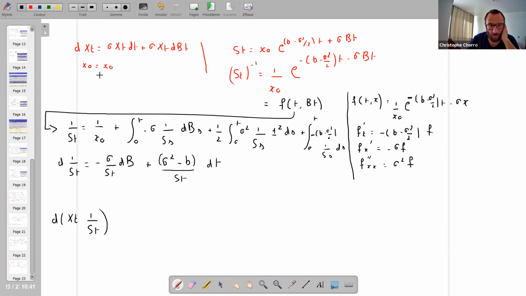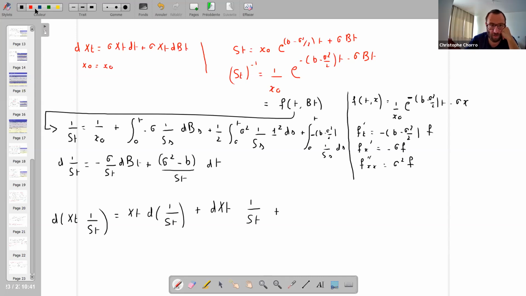And now I can apply it. I have the Ito decomposition of X, and the Ito decomposition of the inverse of S, so I can apply the integration by parts, and I will obtain what? I will obtain X_t d(1 over S_t) plus d(X_t) 1 over S_t plus the product of the terms in front of dB_t in the Ito decomposition.